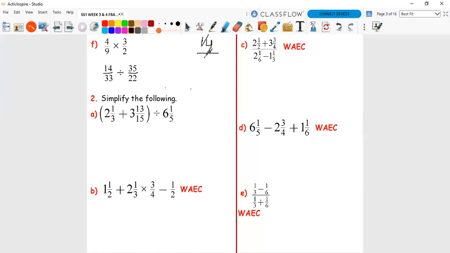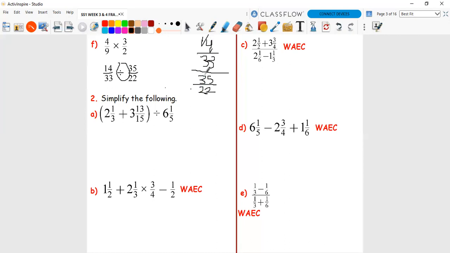14 over 33 all over 22. Okay. When you have it like this, it is called double division, and it's the same thing that you have here, that is interpreted in this way.